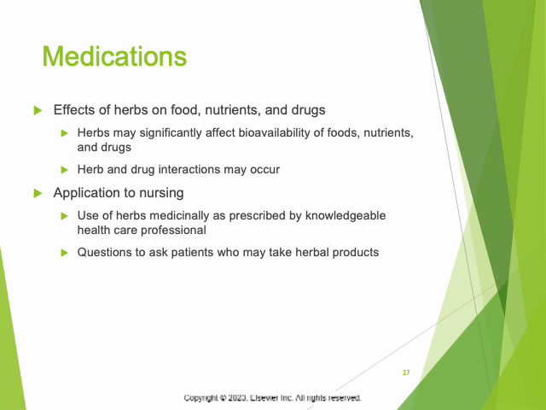For instance, ginkgo, garlic, ginger, ginseng. These can all affect clotting of the blood. Other herbs such as valerian and kava can also cause liver damage, but also St. John's wort. These can all prolong the effects of narcotics and anesthetic drugs.